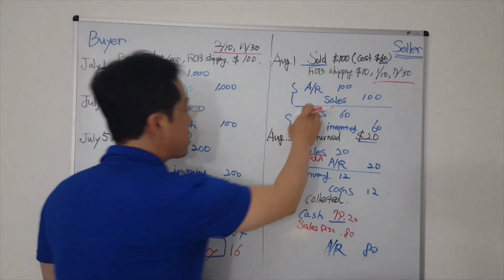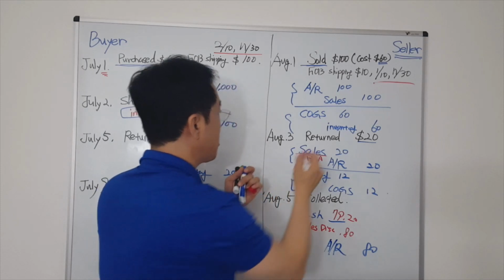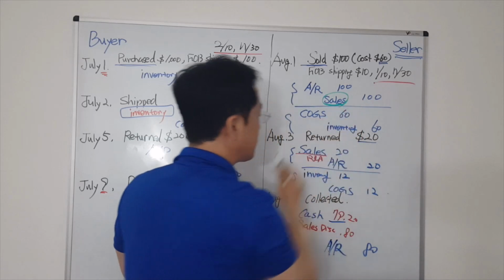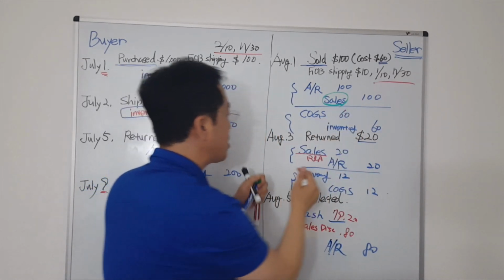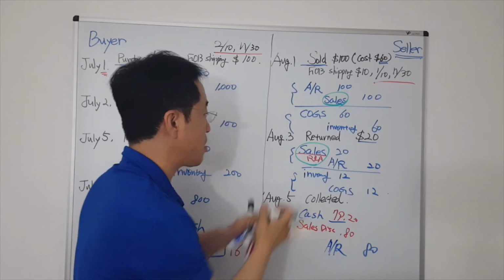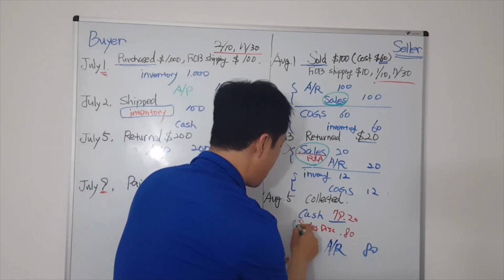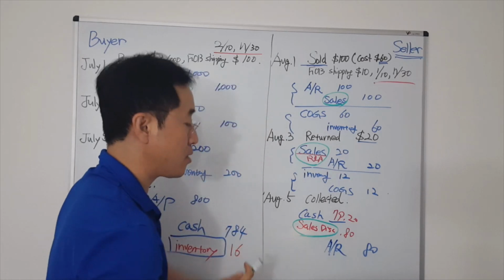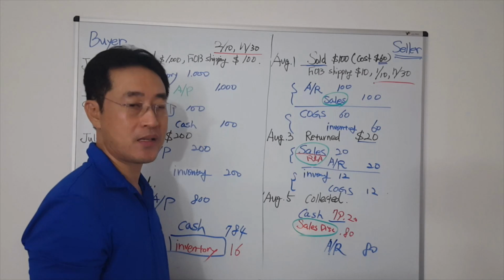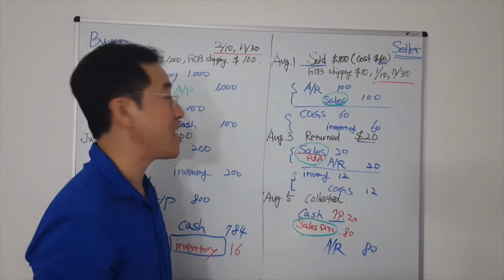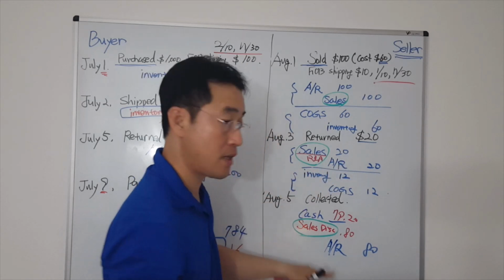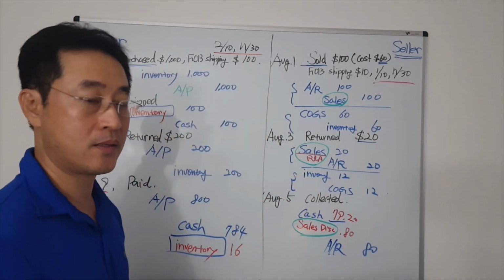When we sell the product, we use the sales account. When we accept a return, we use sales return and allowance, the opposite. When we granted a discount and the customer collects within the discount agreement, we use sales discount. So what's net sales? $100 minus $20 minus 80 cents. That's our net sales. You got it?